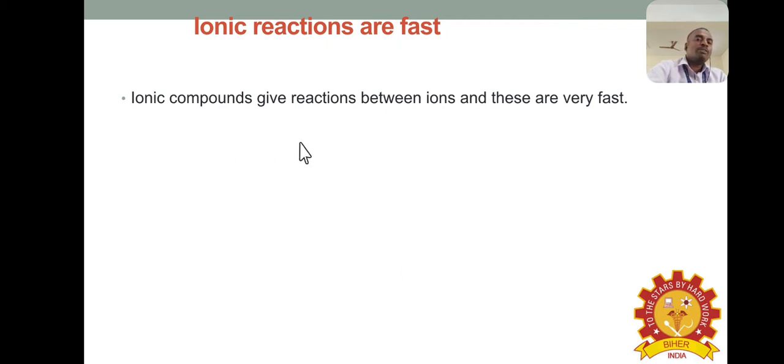When we put sodium chloride into water, the Cl minus ion and Na plus ion easily split out. Those ions can easily react with available opposite ions. That's why most inorganic reactions are very fast compared to organic reactions.